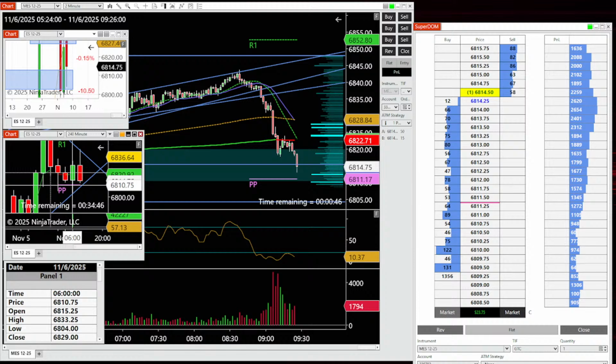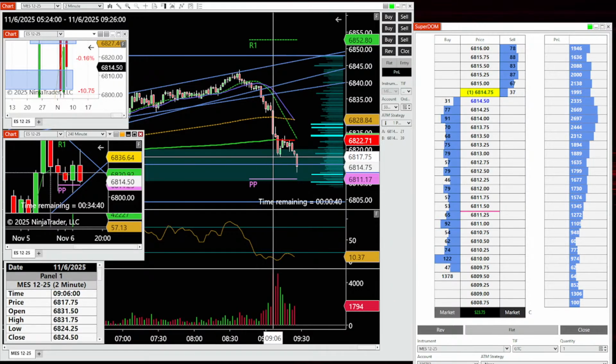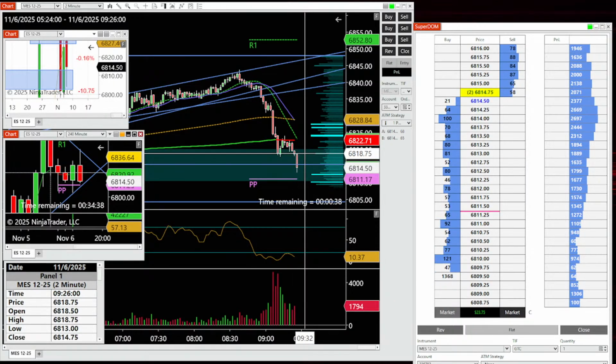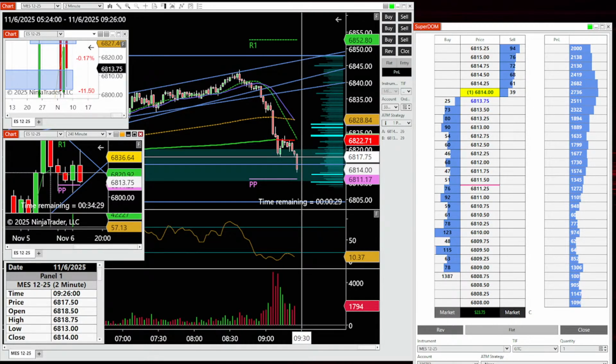It could be heavy enough to come back and test the pivot. And the bar is too long to trail it. I would have to keep my stop up here.